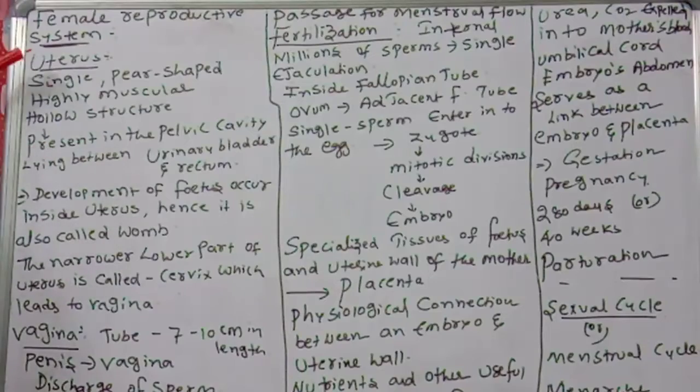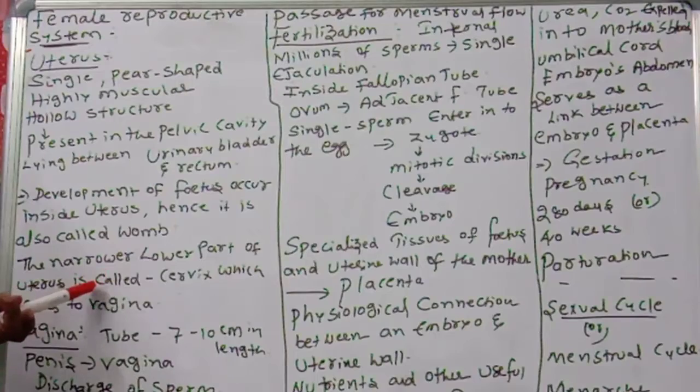So once again, the uterus is a single, pear-shaped, highly muscular, hollow structure present in the pelvic cavity, lying between the urinary bladder and rectum. Development of the fetus occurs inside the uterus, hence it is called the womb.